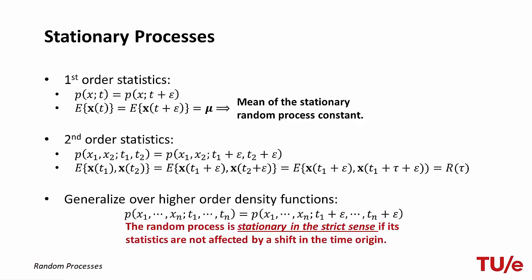This condition for stationarity can be extended to higher order density functions and statistics derived from those. If a random process is stationary for all such statistics, that random process is stationary in the strict sense.